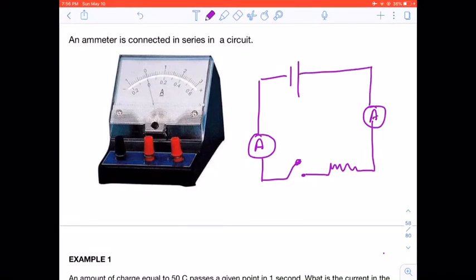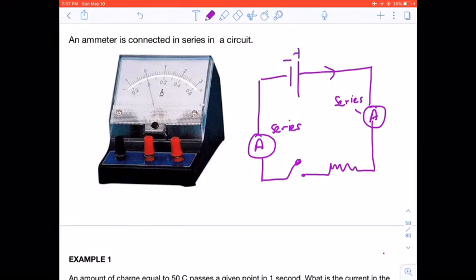Just illustrating that our ammeters are connected in series, right? Again here it's connected in series, right? And then our current moves from positive to negative.